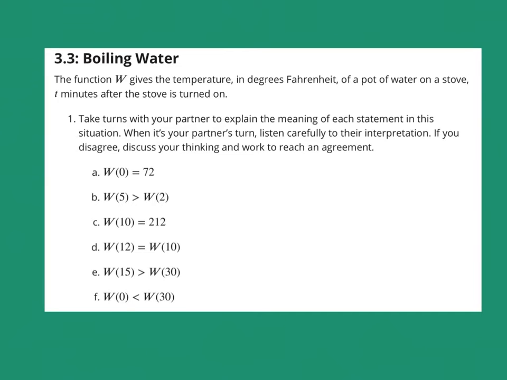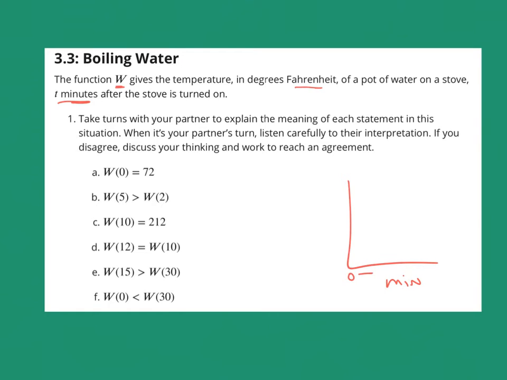Moving along, boiling water. The function W gives the temperature in degrees Fahrenheit of a pot of water on a stove t minutes after the stove is turned on. So again, got to think about this. Minutes is going to be our independent time, and that's number of minutes since the stove is turned on.